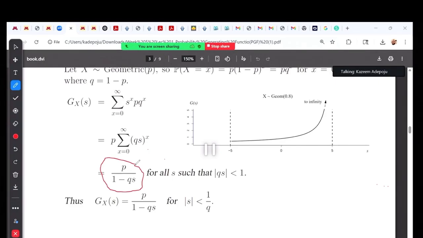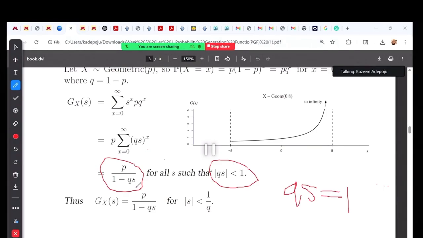That's correct. And don't forget the domain, because this guy is only defined when the absolute value of qs is less than 1. Who can tell me what is going to happen when qs equals 1?